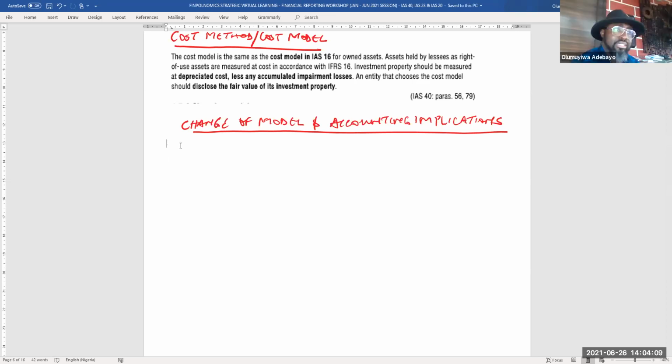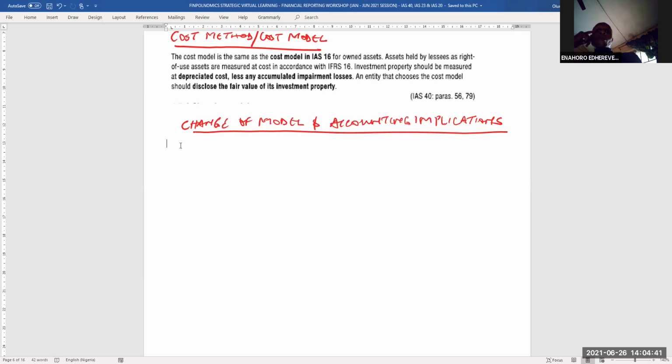Yes, I think that's what I narrated one by one when I was giving you the differences. Once you use the cost model for investment property, you are more or less treating it exactly the way you treat property under the cost model of IAS 16. The only addition to IAS 16 is that you now have to disclose the fair value of that property.